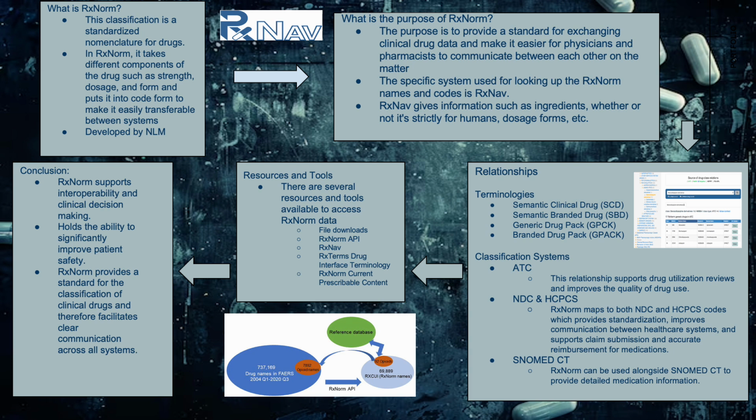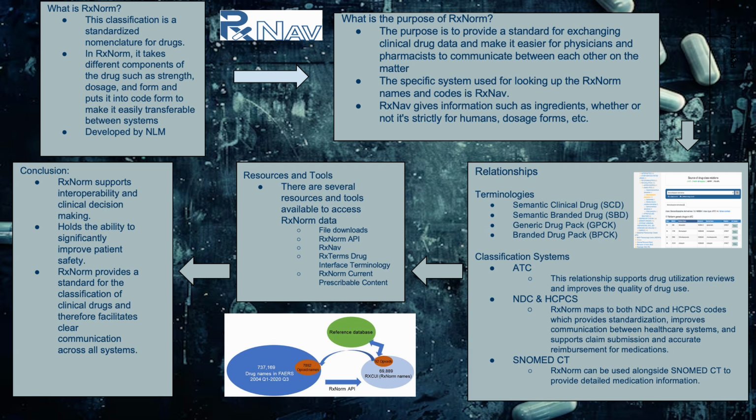And RxNav gives information such as the ingredients, whether or not it's strictly for humans, the dosage, forms, etc. And RxNorm helps to provide normal unique identifiers such as the RxCUIs for medications and drug components to support the EHRs, e-prescribing, and just interoperability between the two systems that it's being transferred.